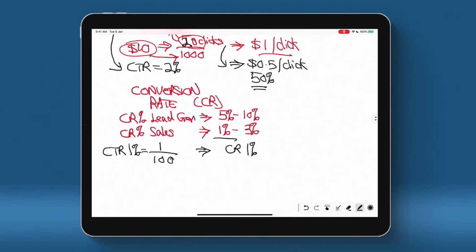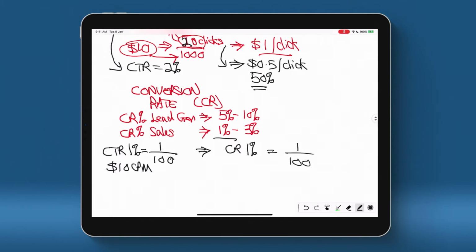So when you're new to all these things, please use easy numbers to work things out, which is what I'm doing right now for you, right? We assume a 1% CTR at $10 CPM, because this is all the cost information and assumptions that we need. And now we add a CR of 1%, which we know is also 1 divided by 100. But here's the difference.